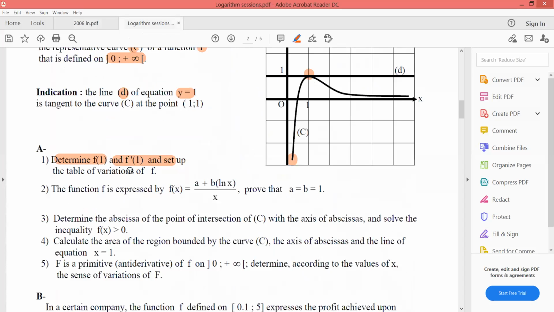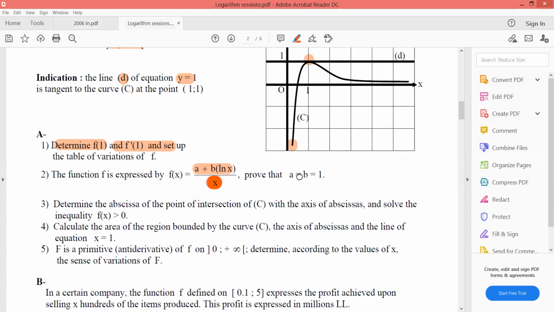We have the function f expressed by f(x) equals a plus b ln x over x. How to verify that a equals b equals 1? Who can tell how to show that a equals b equals 1? We use f of 1 equals 1.